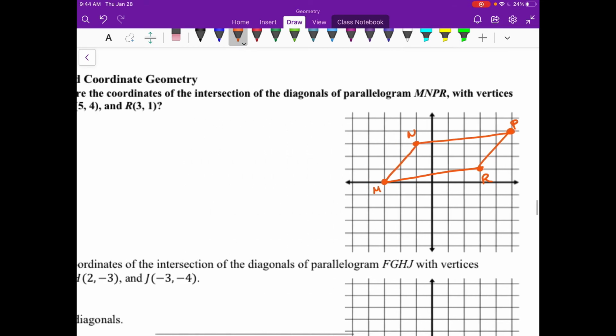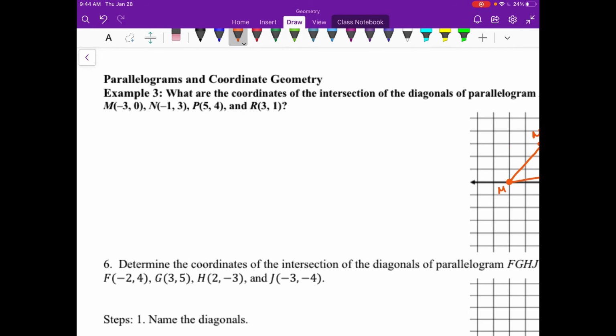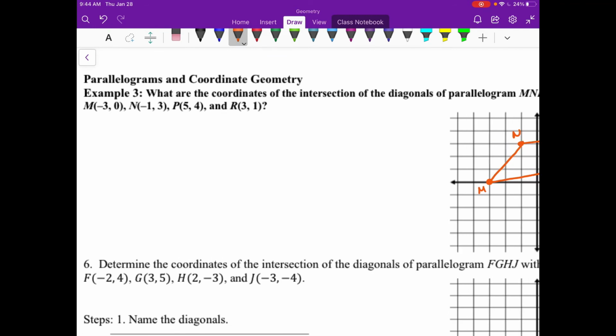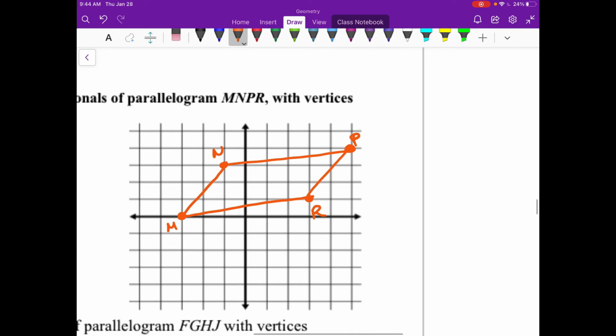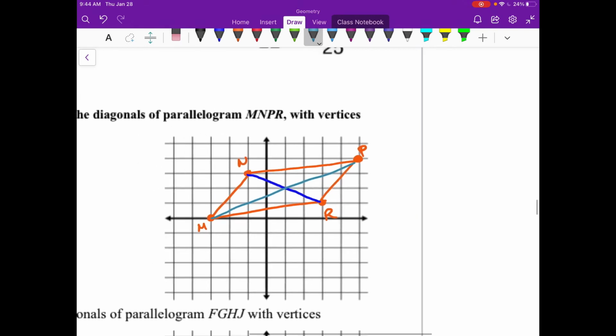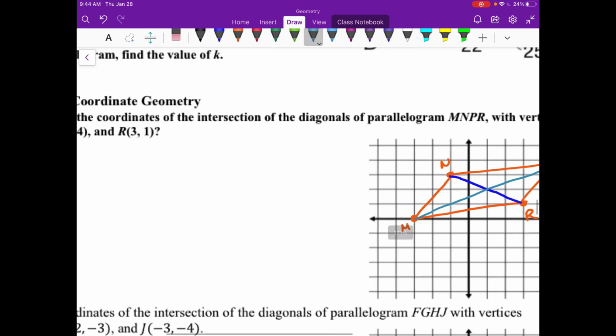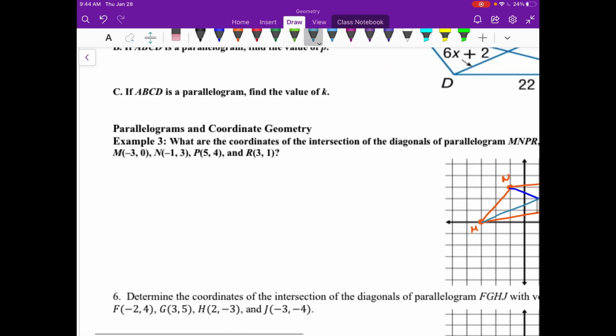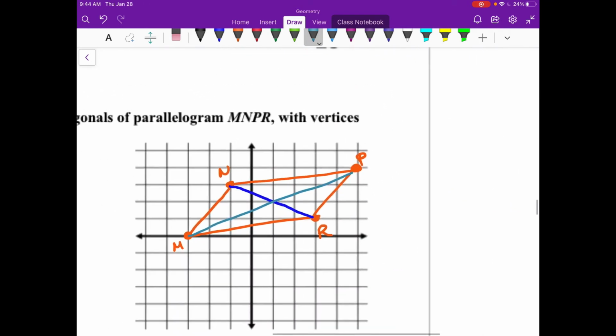Okay, first, we need to connect the opposite angles. So the opposite angles will be going through the parallelogram. So our opposite angles here are N and R, connecting those, and M and P, which are these ones. And we need to find where they intersect. Well, using this graph, we can see where they intersect.